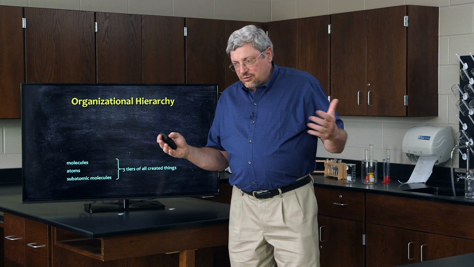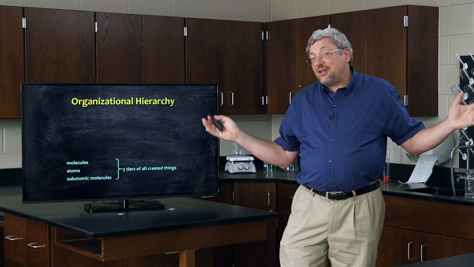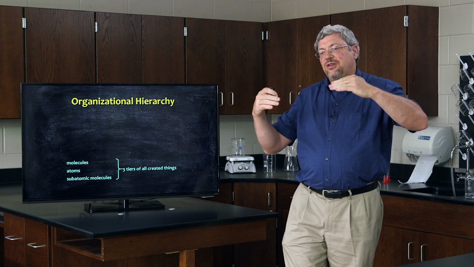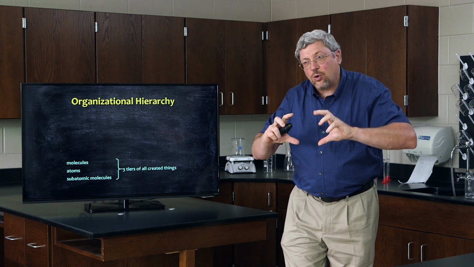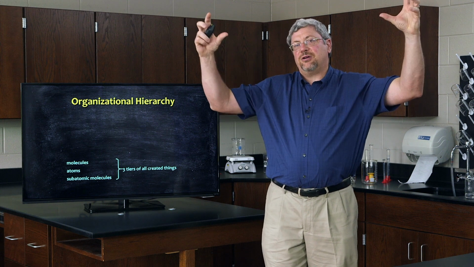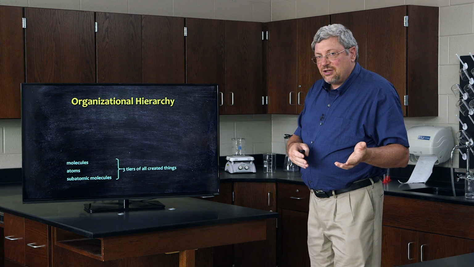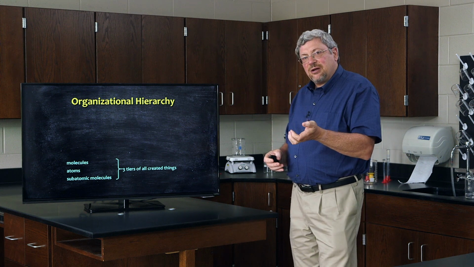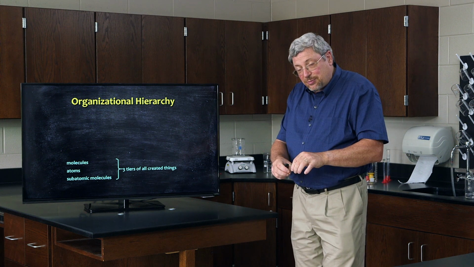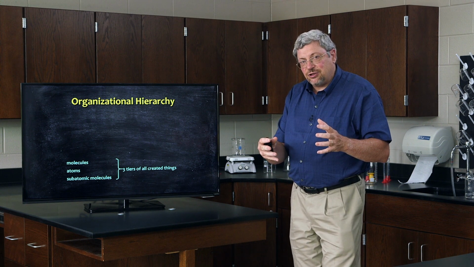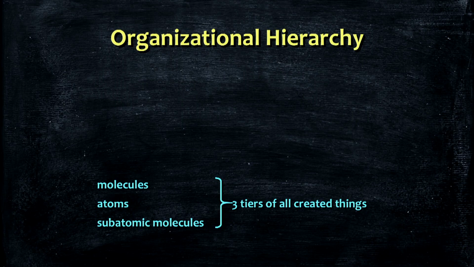Here, there's an organizational hierarchy for everything in the universe, everything that God has created. He's created it with a hierarchy of organization, or a hierarchy of parts. For example, what we've already seen in the non-living world: subatomic particles, really small particles, are combined together to create something a bit larger, atoms, and atoms are combined together to create something a little bit larger, molecules.